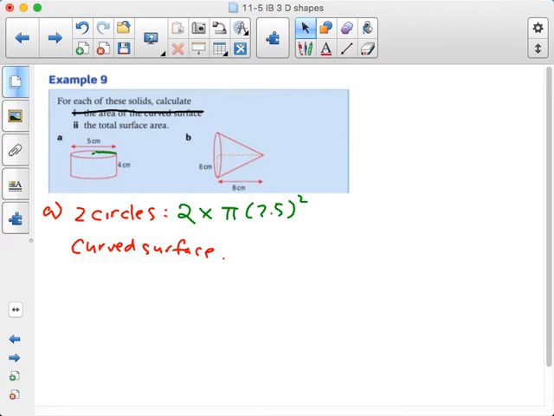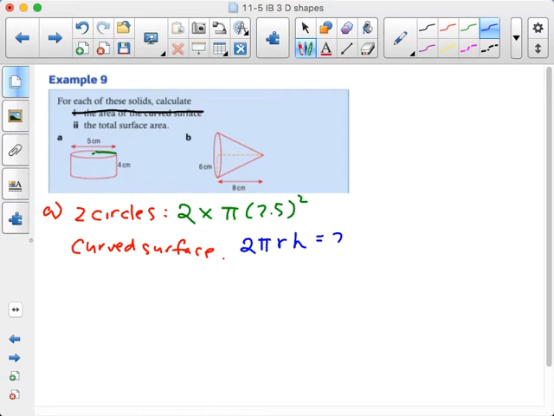And then for the curved surface, we know that the formula is 2 pi r h, which is equal to 2 pi, r is still 2.5, and h is 4.